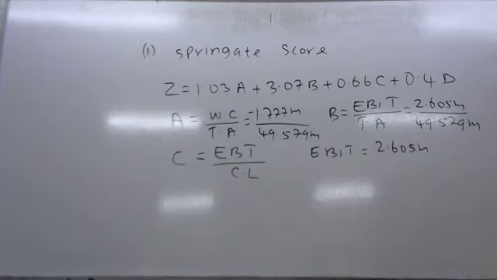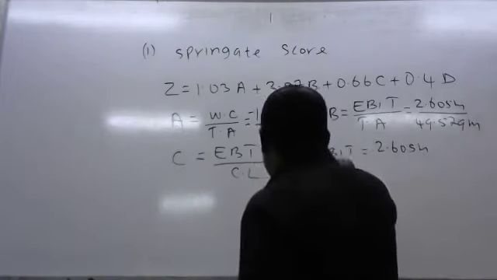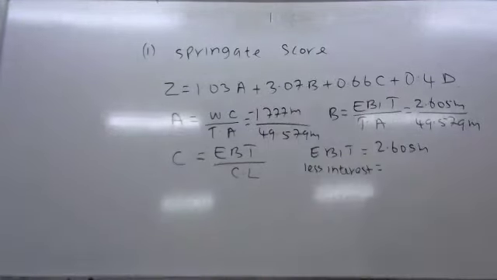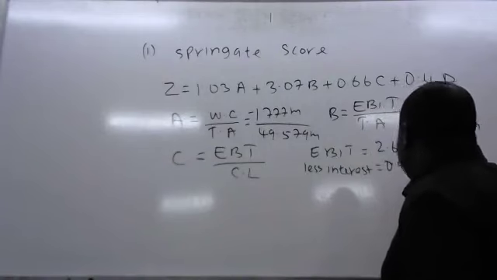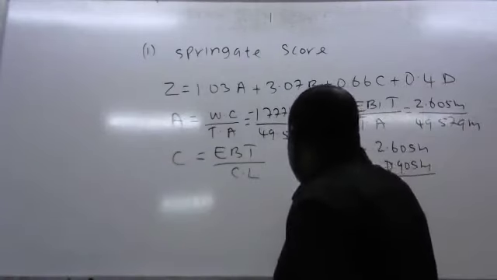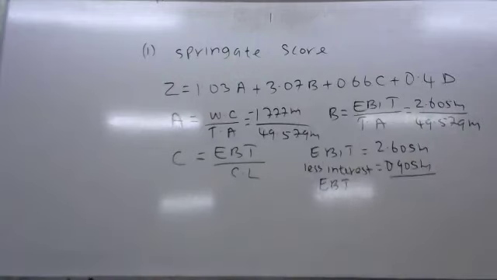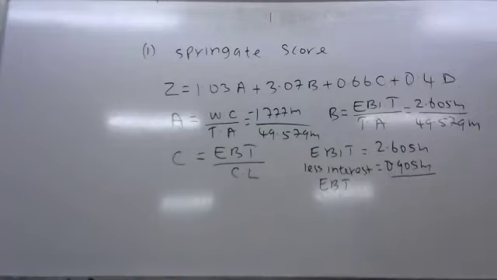So we minus interest. Once you get the earnings before interest and tax, we need to less interest. The interest was given as 0.905 millions, so that you get now the earnings before the tax. So what should be our earnings before the tax?